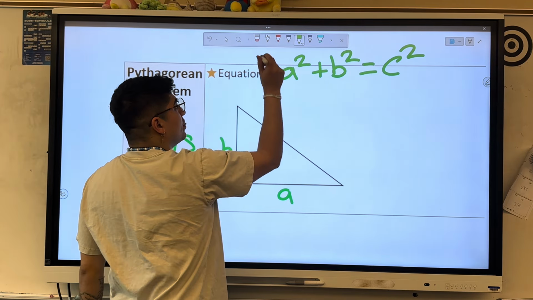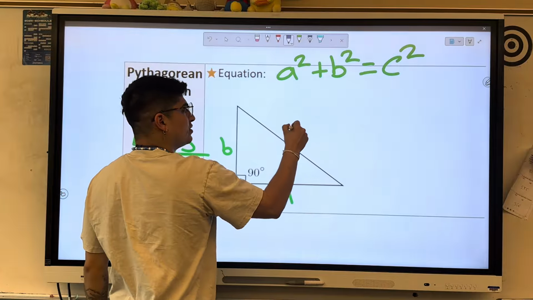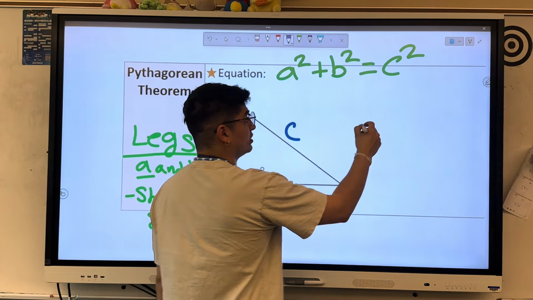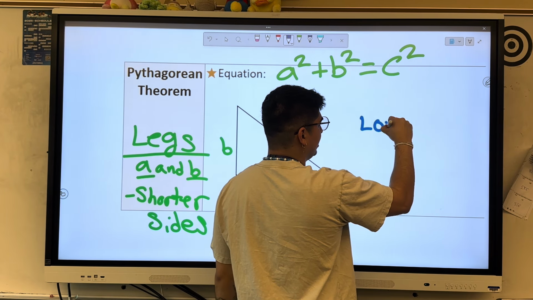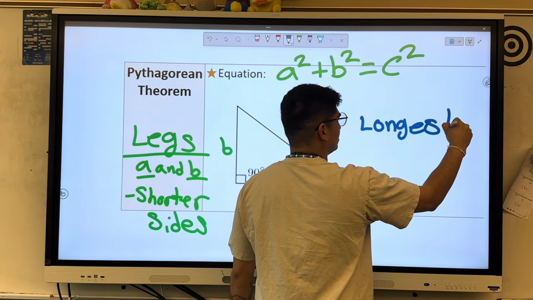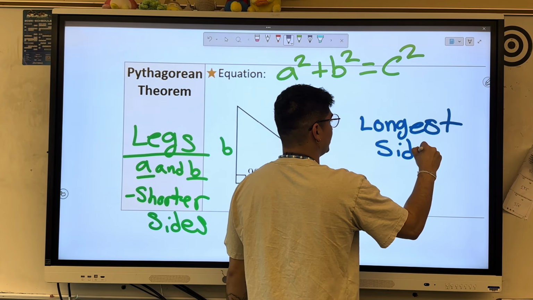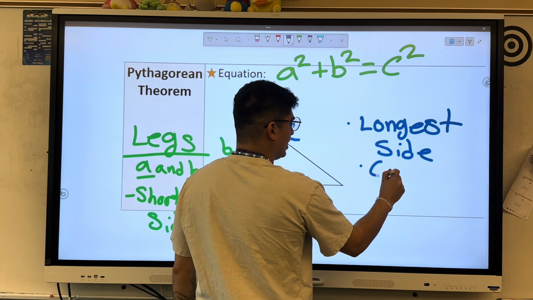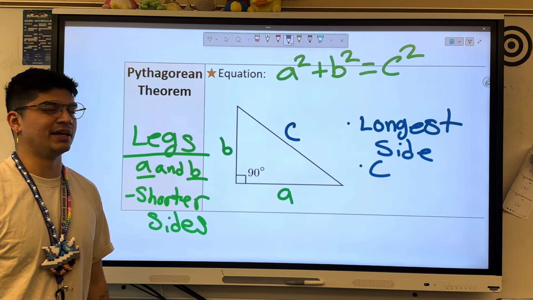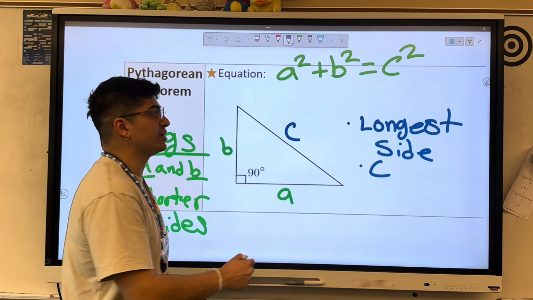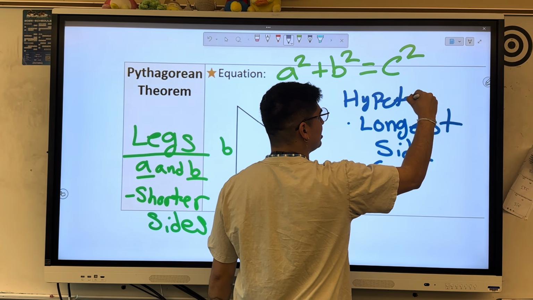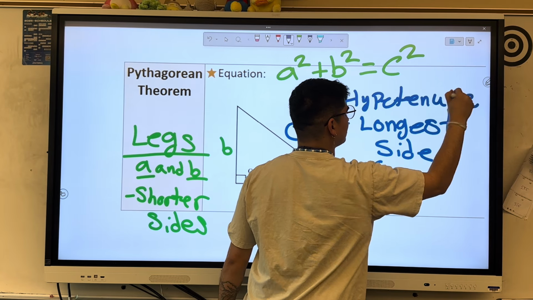Now, the C can't be changed around. It is always the longest side. So the C has to be the longest side. And it actually has its own funny name. It has a really long name, and it's called the hypotenuse.